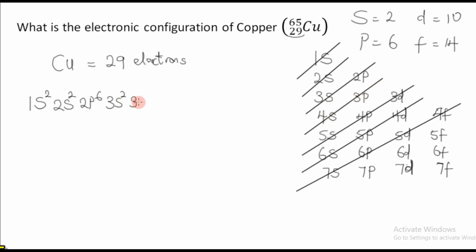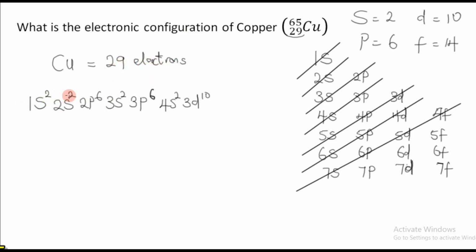So we have 3p6, because the p orbital will take a maximum of 6 electrons. Then after this 3p, we'll move to 4s, so 4s2. After filling the 4s orbital, we move to the 3d orbital. So that will be 3d10, right?